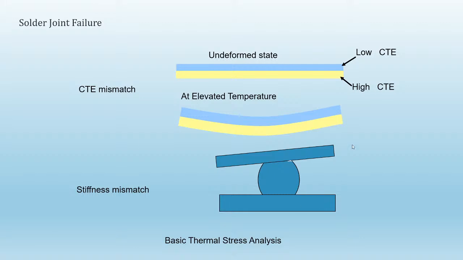What you will see is, instead of imagining two pieces laminated together, let's imagine the top is a package and it's connected by solder balls to the yellow part, the bottom of the package. Over time, you will see a crack start to appear, and it will start to grow across the solder ball and cause it to fail.